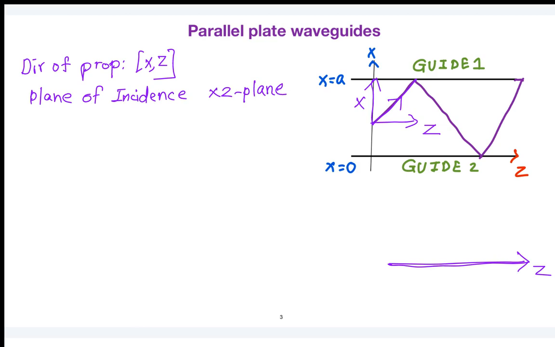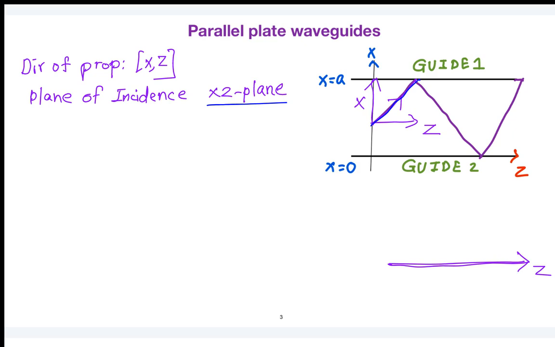I hope you already know what the plane of incidence means. We discussed it in oblique incidence. The plane of incidence is the plane in which the direction of propagation completely lies. In this case, it lies in the XZ plane, so I can call the plane of incidence the XZ plane.